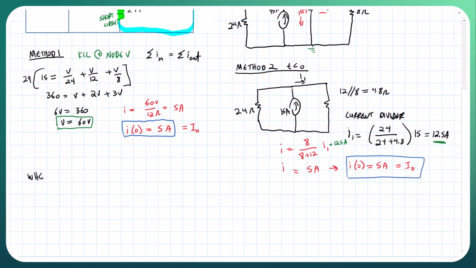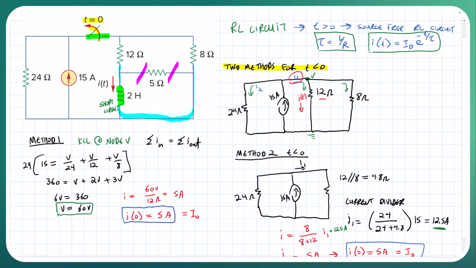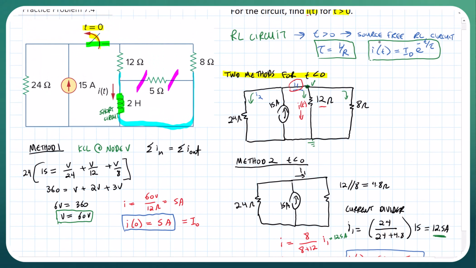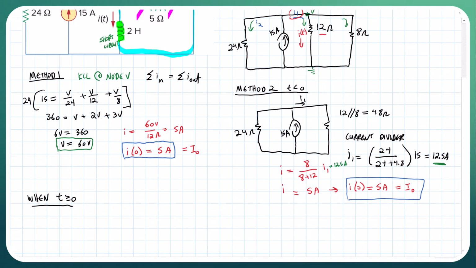When t is greater than or equal to 0, essentially what we're going to have is a source-free RL circuit, and we're just going to use these two equations. Let's write that down here.